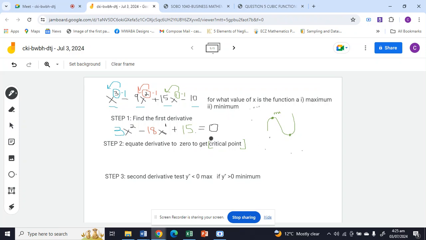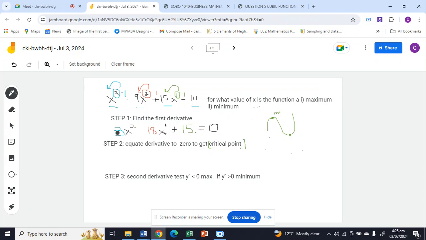All right, so there are two ways we can do this. First off, we can see that all the terms in this function are divisible by 3. So you can factor out 3 to simplify this quadratic equation.